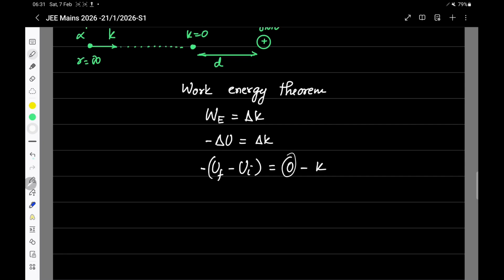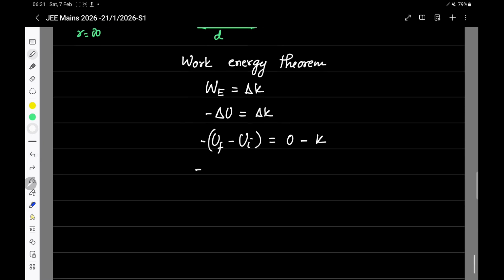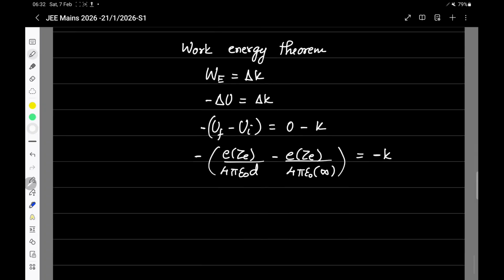So I've substituted final kinetic energy 0, initial kinetic energy is K. So minus U final is e into Ze divided by 4 pi epsilon naught r, or d in this case. I am using kq1q2 divided by r as the potential energy between two charges. Initial potential energy is obviously 0 because the charges are separated to infinity, and here you have a minus K.